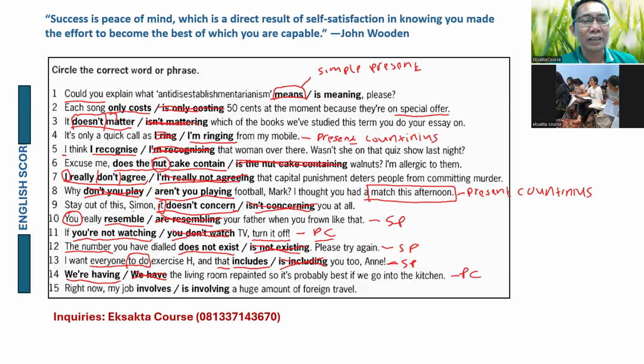Here it is present continuous. Use are because the subject is we. To be of we is are, and have becomes having. Having is without e, because the last letter is e, so directly add ing.